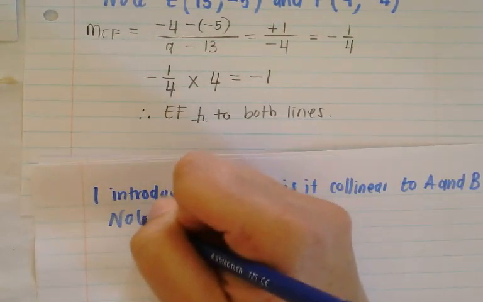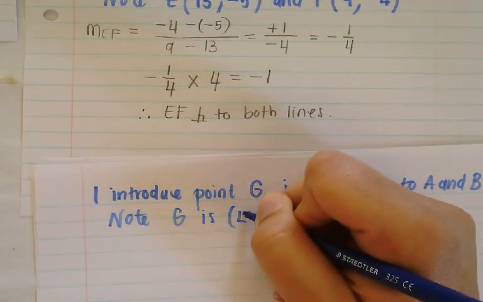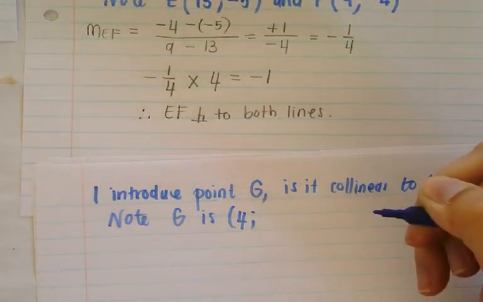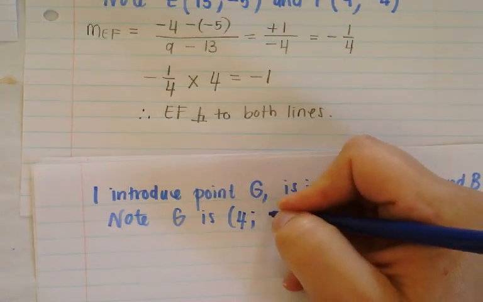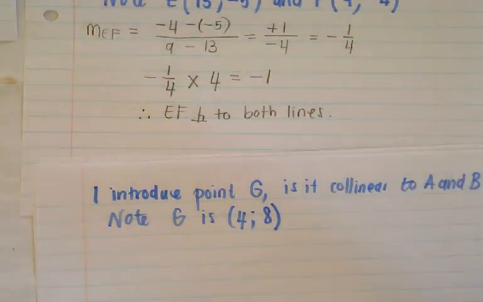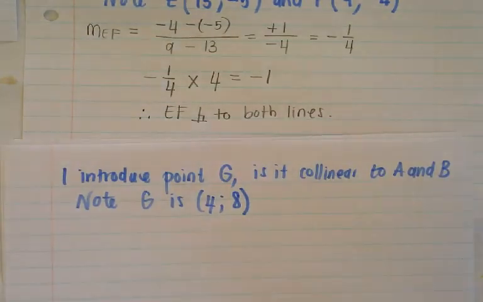Note G is 4 and 8. So I introduce point G. Is it collinear to A and B? Note that G is 4 and 8.